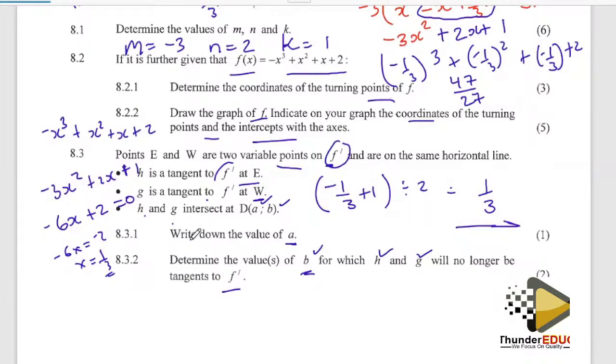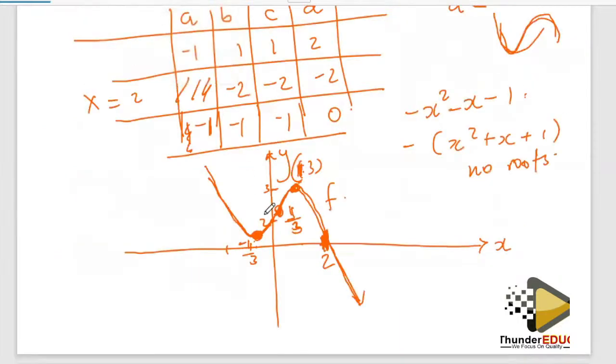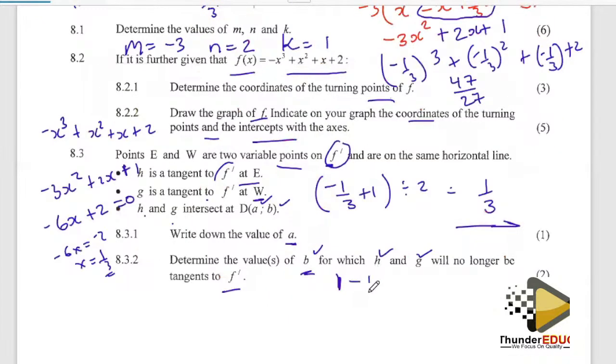So if I get my 1, am I getting the 1 from just this point here? And then I subtract my 1/3. Okay, 1 minus 1/3. That's going to give me 2/3.